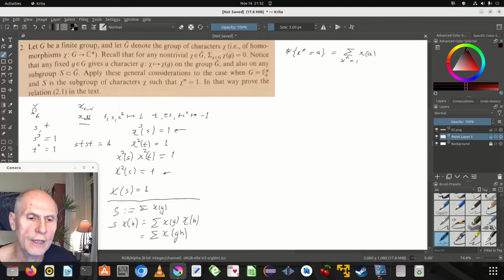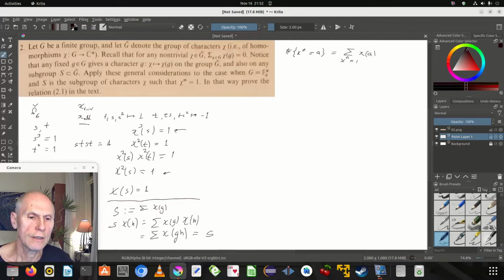The point of this idea is that the elements g times h run through all the elements of the group, so this equals S. So that leaves us with two possibilities.